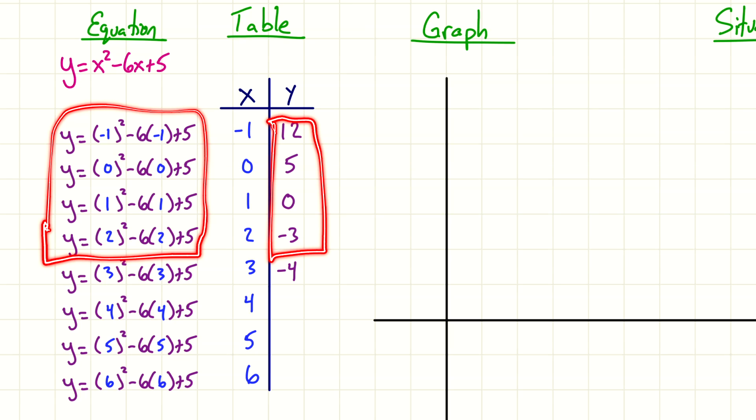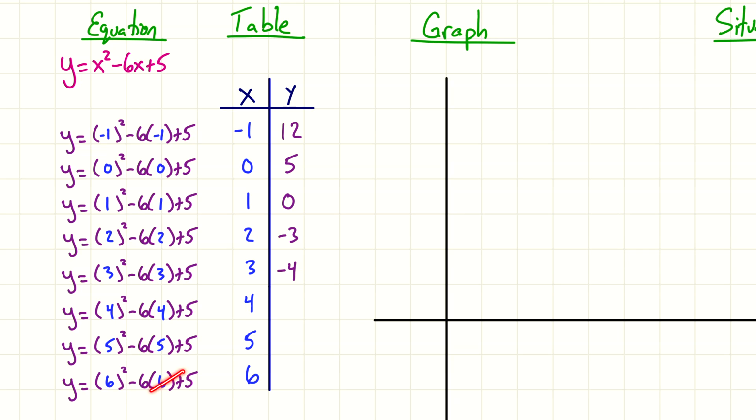A lot of times when people don't write this stuff, later on they look at their notes and they're like, I don't even know where these numbers came from. So definitely I would recommend showing your work here. That way you have a record of how those numbers appeared in the y column.